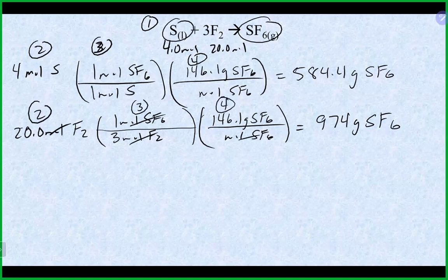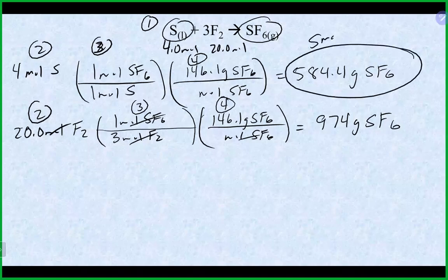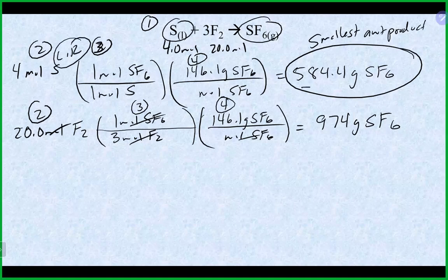So the other approach that's very commonly taught these days is where you just do two basic stoichiometry problems from each starting reactant, and the one that produces the smallest amount of product is your limiting reagent, and this would be your theoretical yield.